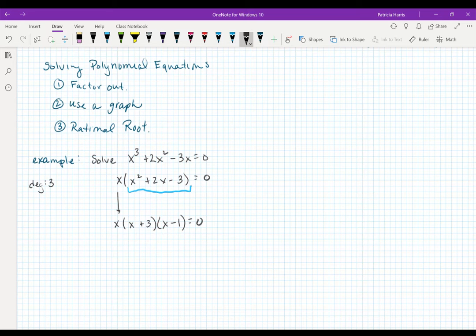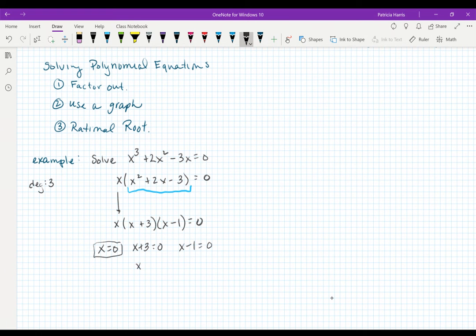Now we have something called the zero product property, which says that if you multiply a bunch of stuff and you get a 0, something must be 0. So I can take each one of these factors and set them equal to 0. So x equals 0 is an answer.